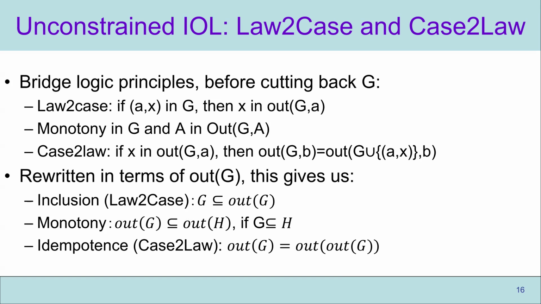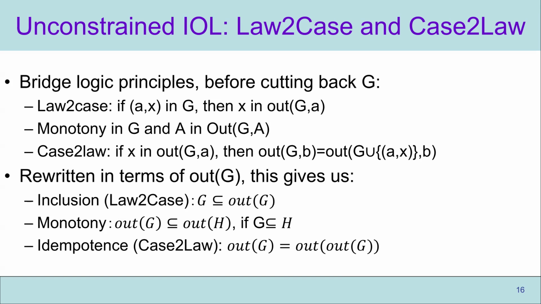I usually used to explain it as a kind of lower bound and upper bound. The lower bound, what we need to do, is inclusion, and the upper bound is idempotence. This is the most you can derive. And to understand what's going on with this notation, you have to translate it back to the original case.